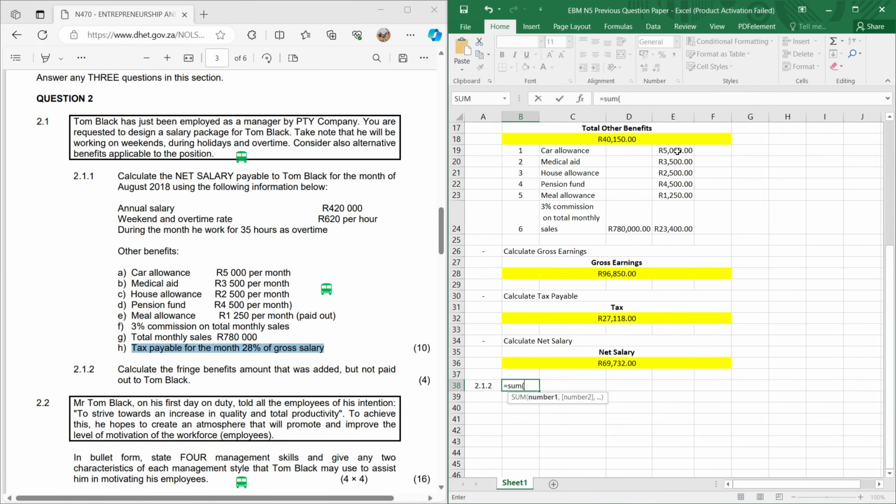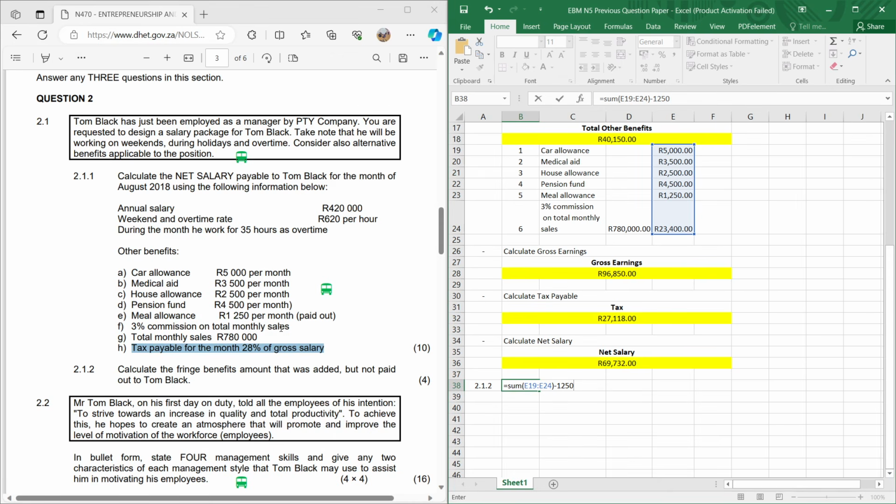Which are all of this. For now, I am going to include everything, right? And then I'm going to come back and say minus, because we understand that there's only one amount that has been paid out, which is the meal allowance, and it is 1,250, right? So out of the overall amount of benefits, we are only excluding this amount because it has been paid out.